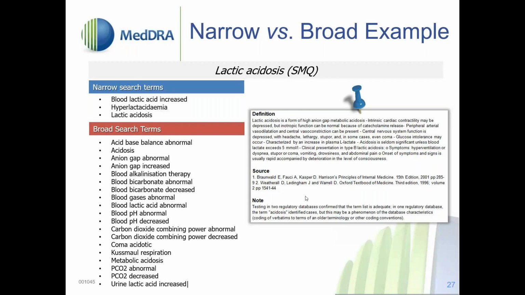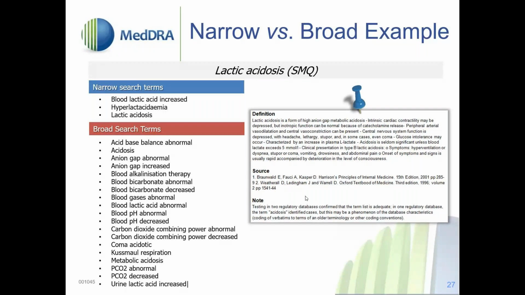So these can be signs and symptoms or lab tests which are relevant for lactic acidosis, but they might also give you a lot of cases which are not relevant for your specific topic.